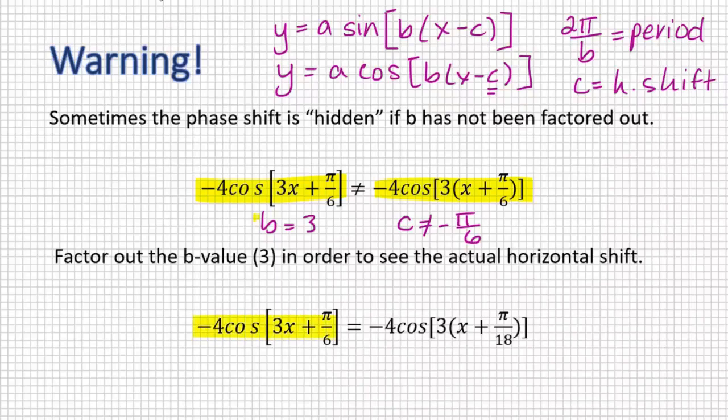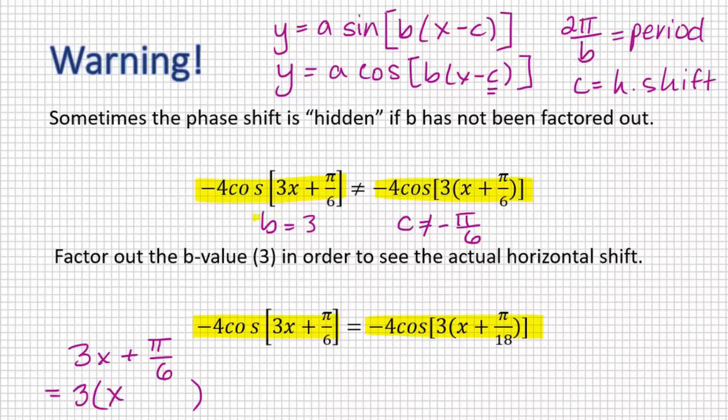Here's our original function again, with its factored form on the right. So when we have 3x plus pi over 6, in order to clearly indicate the value for b and to reveal the value of c, we need to factor out a 3 from both terms. So that means we're dividing both terms by 3.